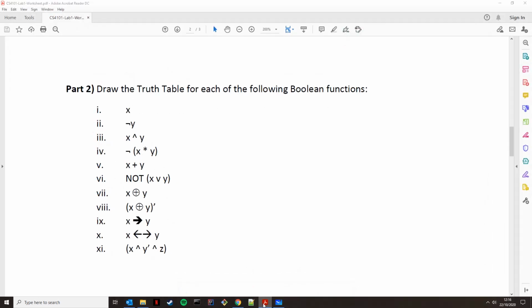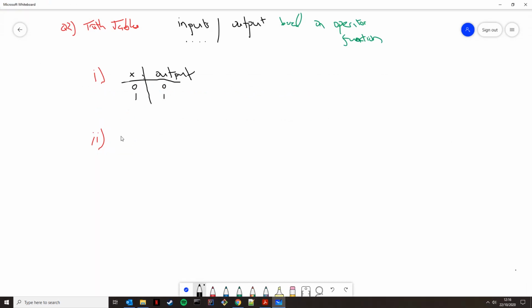Next question is not y. So again, even though it's not called x now, we still only have one input, y. So this time it's going to be the not of y. So we're still going to have 0, 1 here. So y can be 0, y can be 1.